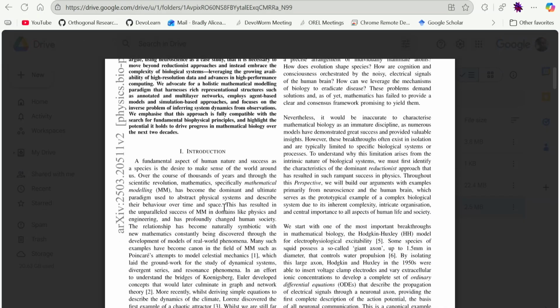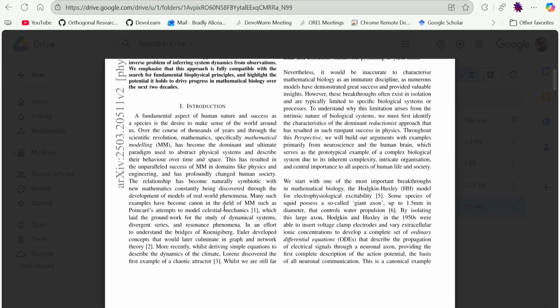So this kind of gets into what we want to do. They highlight some of these models that are reductionist versus some of the broader principles of complexity models. So they use an example from neurobiology. We start from one of the most important breakthroughs in mathematical biology, the Hodgkin-Huxley model for electrophysiological excitability.